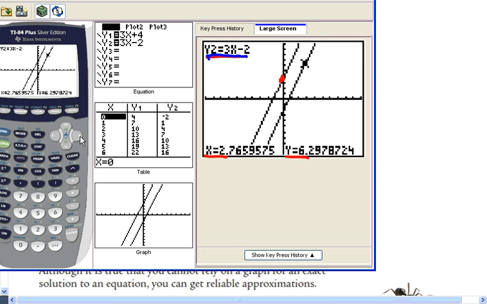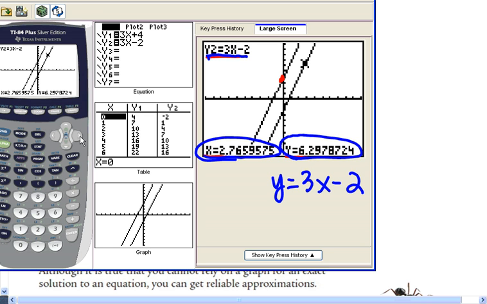Like right now, I'm on the equation y equals 3x minus 2. And the values I'm given are these. x is equal to 2.7659, and y is equal to 6.297, and so on.